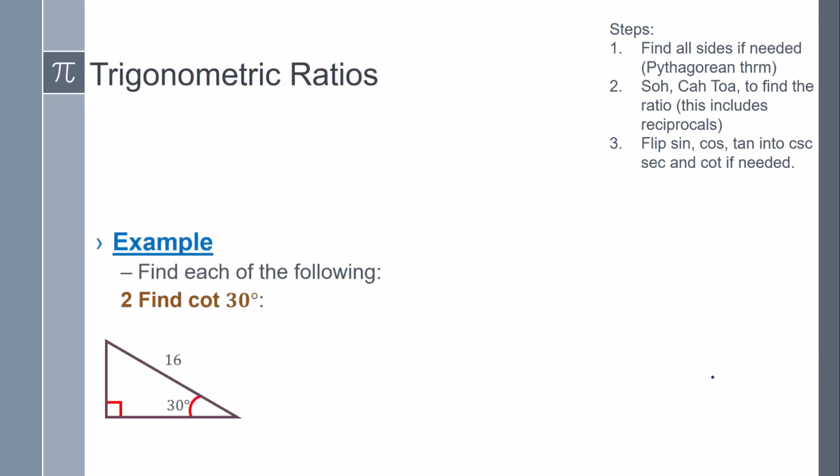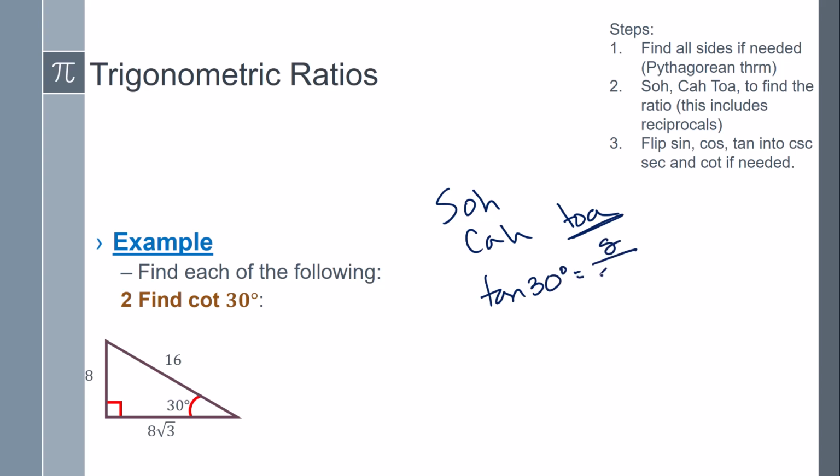And let's not forget about cotangent. Now this is a 30, 60, 90 triangle, so t, t root 3, 2t. But to find the cotangent, we still do SOHCAHTOA. Cotangent relates to tangent. So the tangent of 30 degrees is opposite over adjacent.